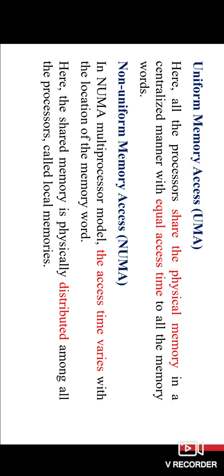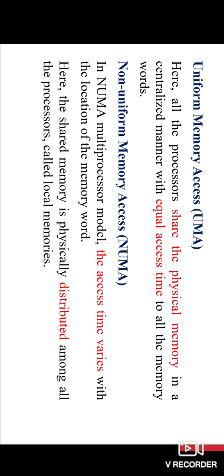That's why it's called uniform memory access. To access a particular memory word from the memory, all the processors require an equal amount of time. So that's why it's called uniform memory access. It provides equal access time.